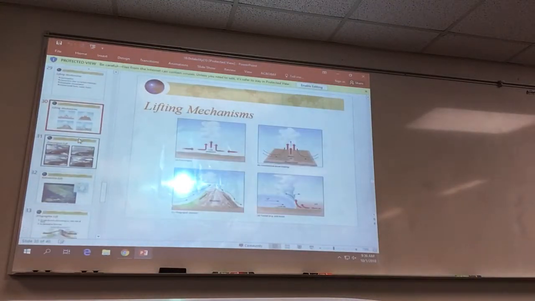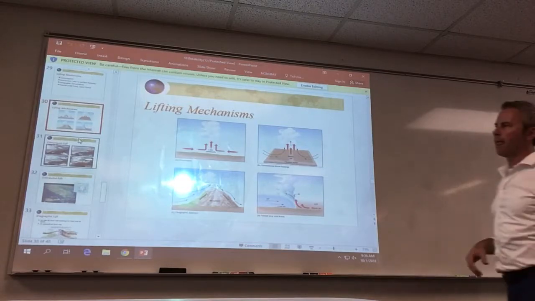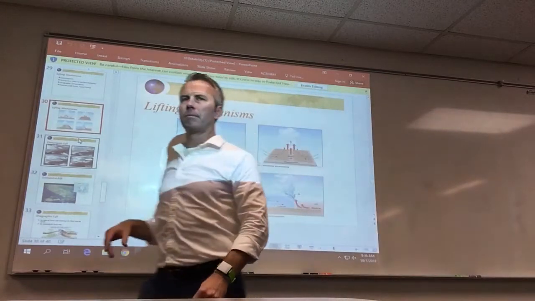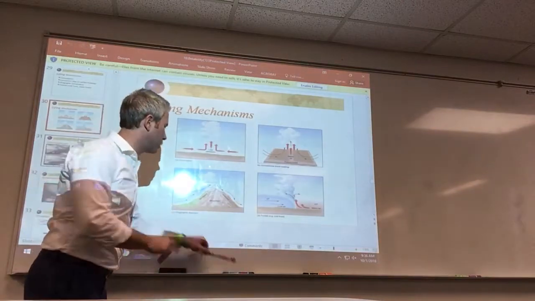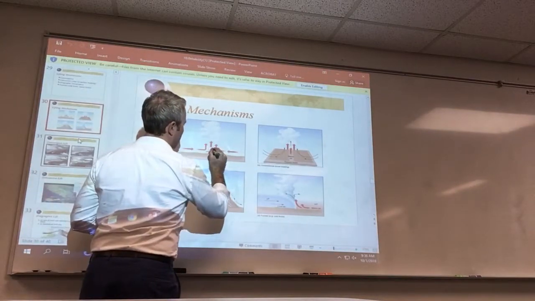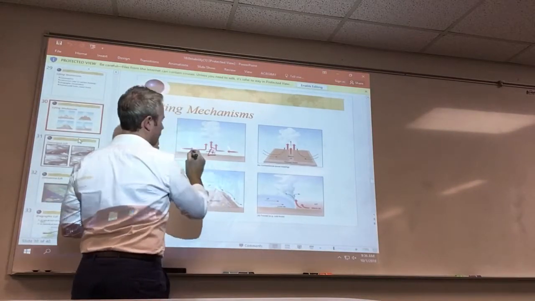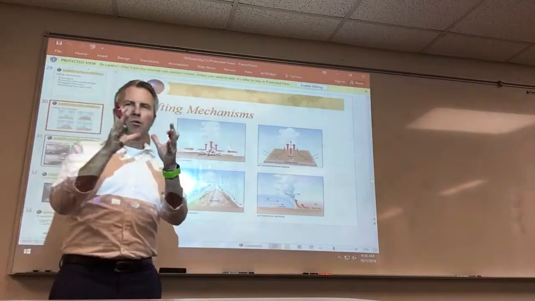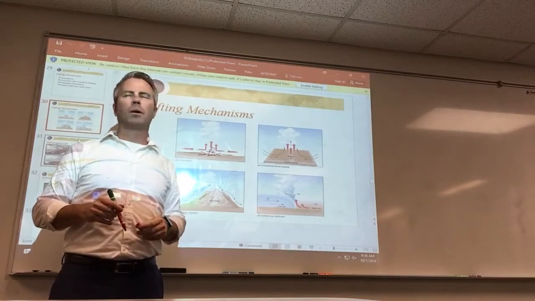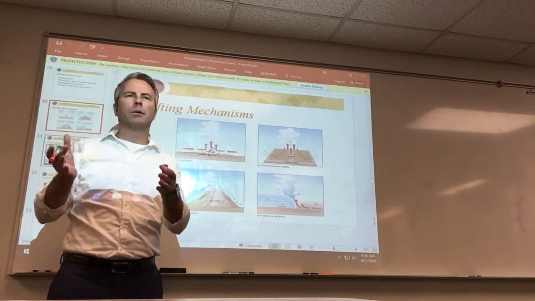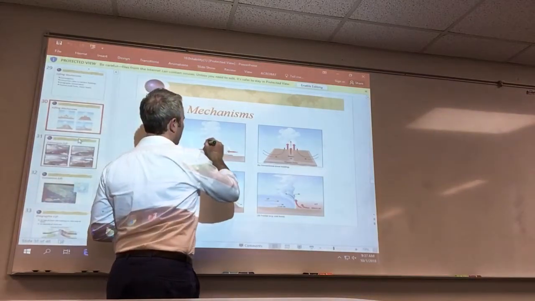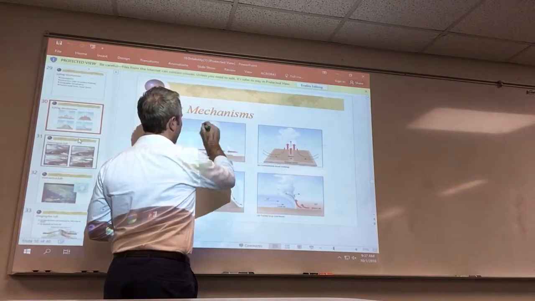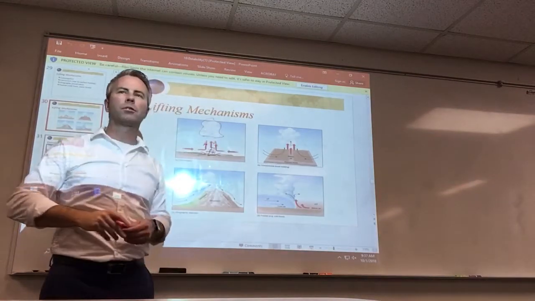All right, so the four lifting mechanisms are basically this. Convergence. We know if we've got an area of low pressure right in the center, we know that the air mass is moving in. So if it's moving in towards the center of that low, what's part of the problem? We got too much there. We got to do something with it. So of course, it moves up. And if it moves up, it eventually starts to turn into a cloud.